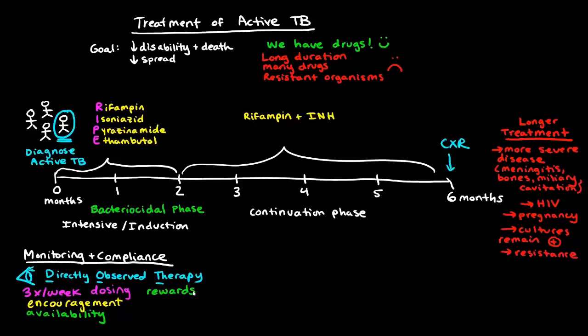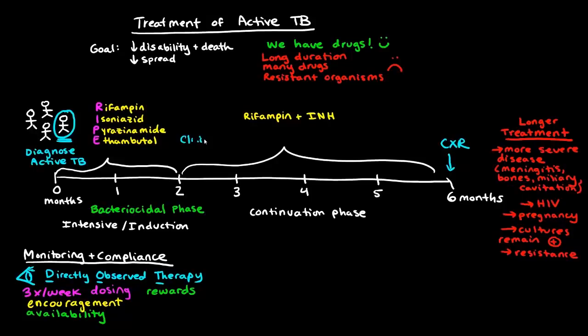So while we are busy assuring compliance when we're seeing these patients on a regular basis, we're also monitoring to make sure that the outcome of their infection is going well. And so what that means is that we're evaluating them clinically at regular intervals, often every month or so, examining them.